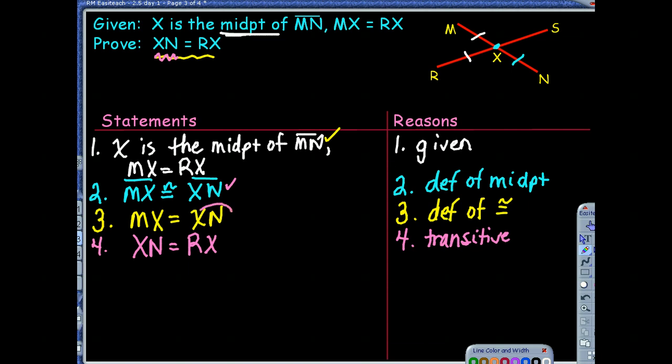But substitution works, let me just show you visually. We could put XN in for MX, and there's where you're getting the equation. Now, I like what Mrs. Hogravy said. She's like, I want to start with XN first. What if I had stated, I'm just going to write this off the side, what if I had said RX is equal to XN in this step instead? What would I have had to say after? Ooh, that is the symmetric property that tells me I have to flip the order of them.